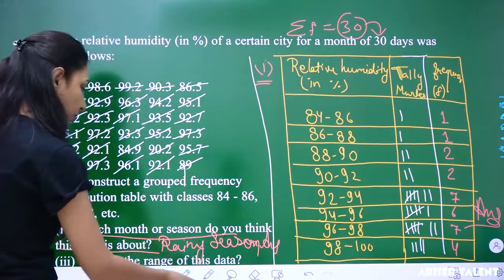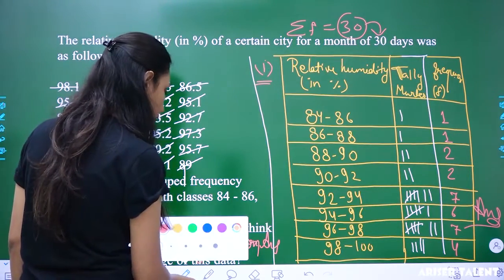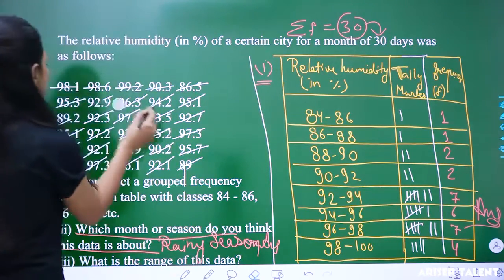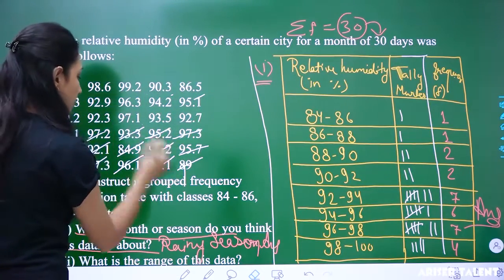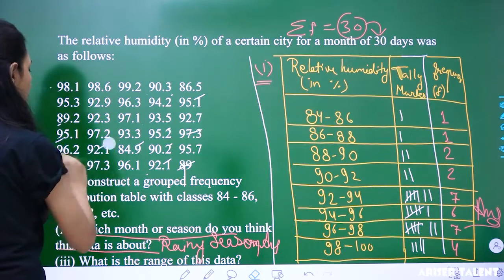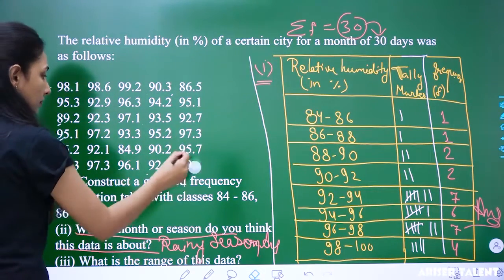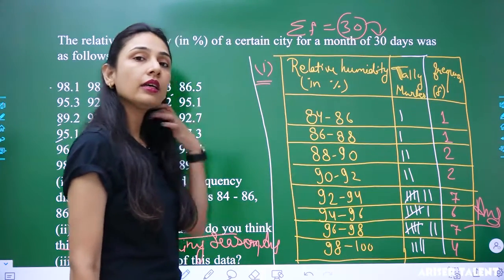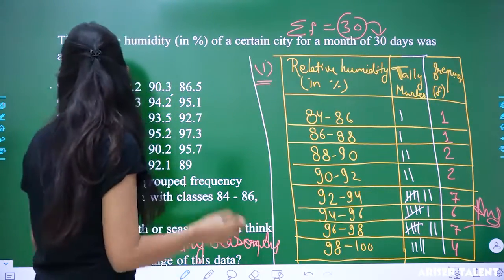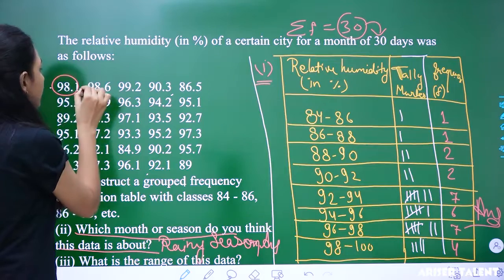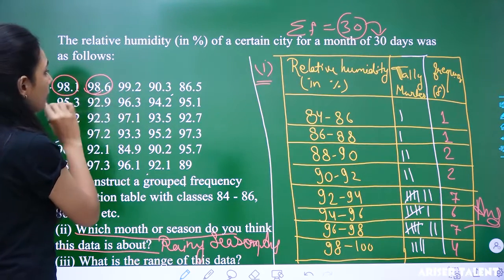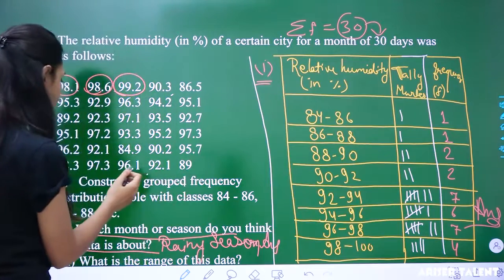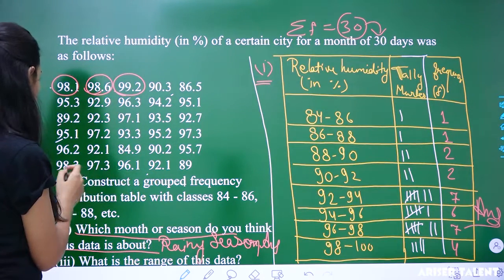So let's find out these 4 values: 98.1, 98.6, 99.2, and the fourth one is 98.3.